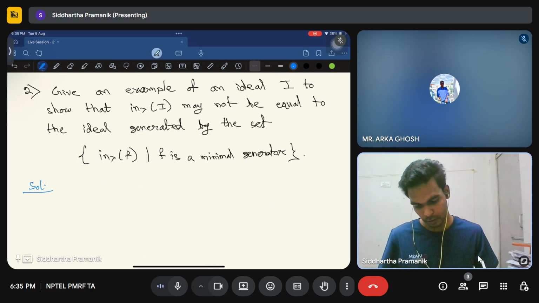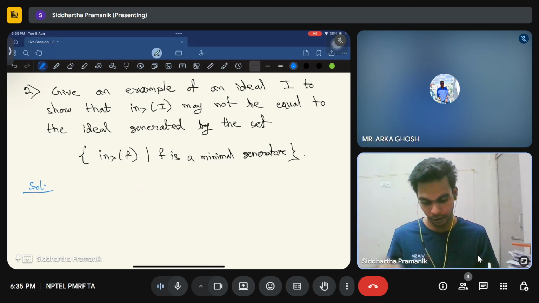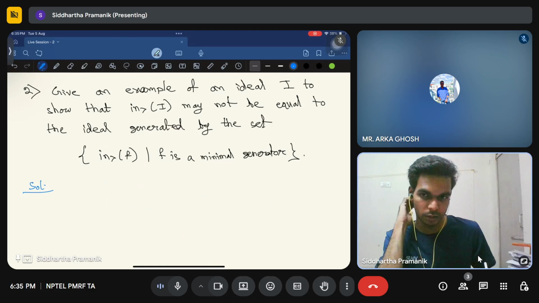So that means we need to find an ideal and a generating set which is not a Gröbner basis.